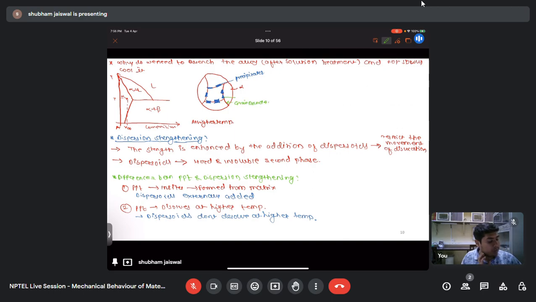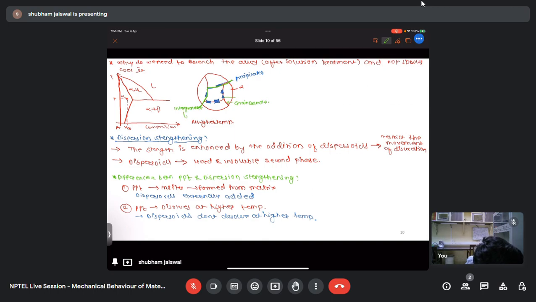So what will it do? These precipitates will result in intergranular fracture, so the material will fail along the grain boundary.